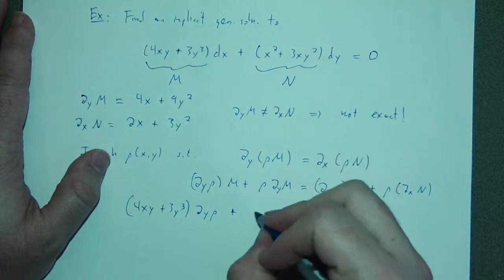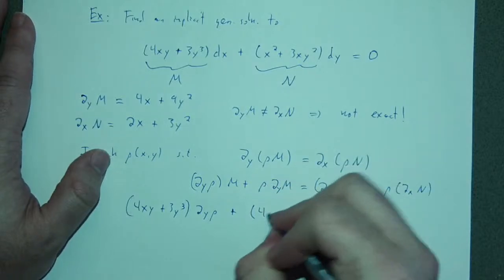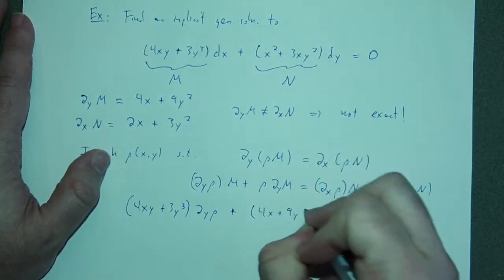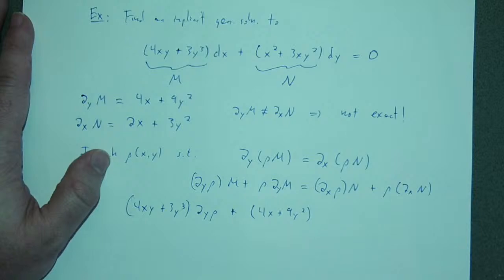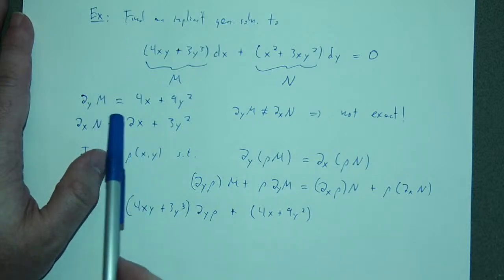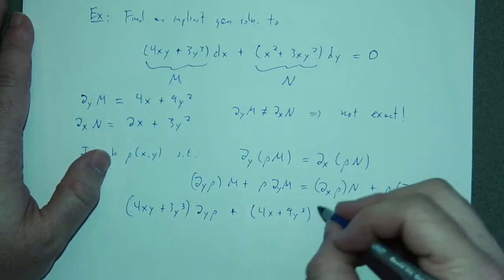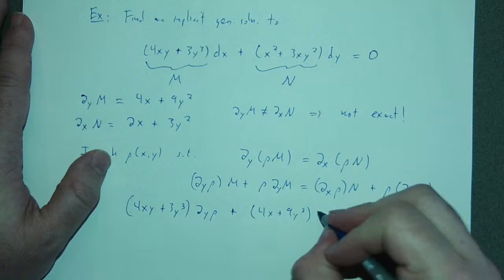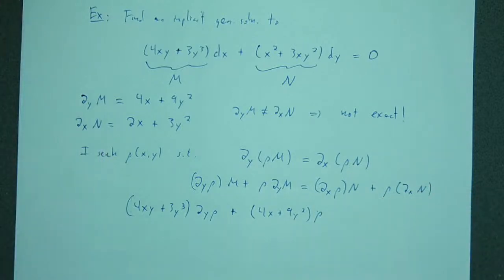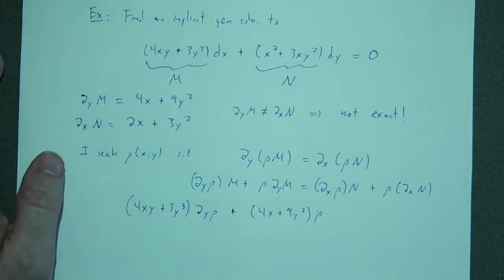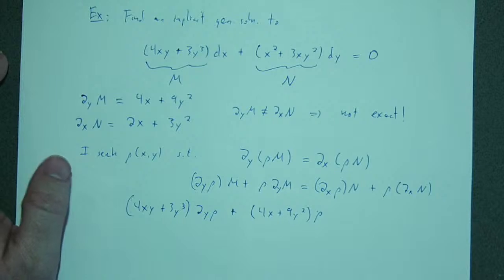So the y partial of M is 4x plus 9y squared, and this is just times rho, right? Okay. All right.